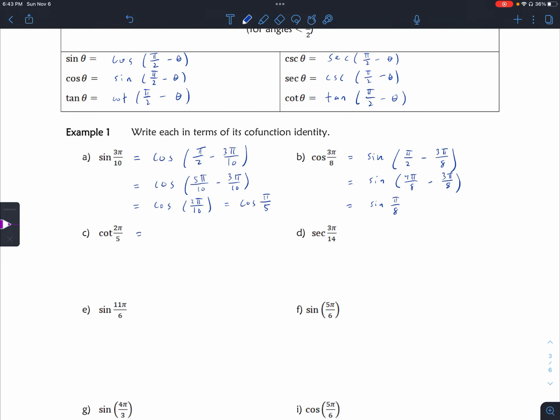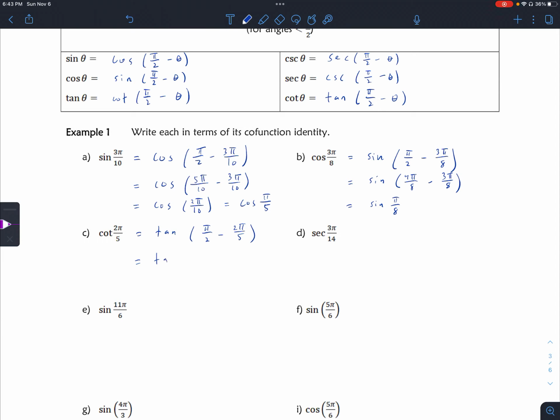Okay, now for cotangent of 2 pi over 5. We know that's going to be tangent of pi over 2 minus 2 pi over 5.